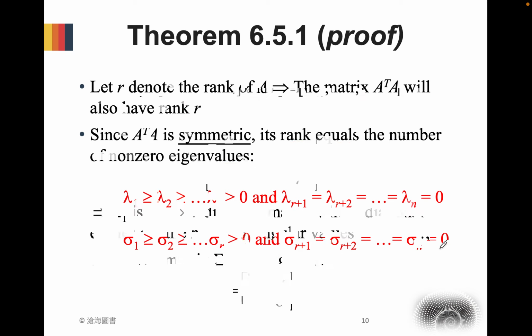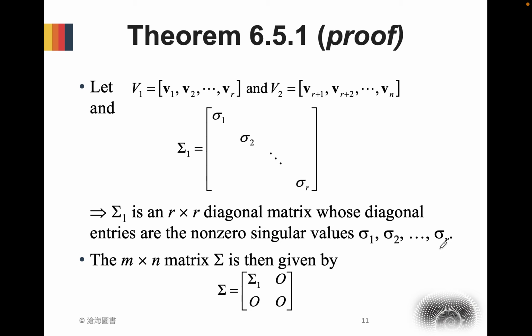Now, the capital V1 is equal to v1, v2 to vr. That means the first r eigenvectors, where r is the rank of the matrix.